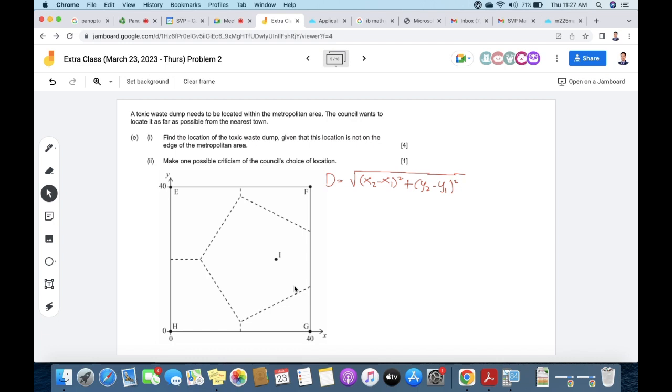So according to Jovita, this must be this one. Actually, I have another strategy of solving this. Instead of using the distance formula, it's the same, but the strategy is different.